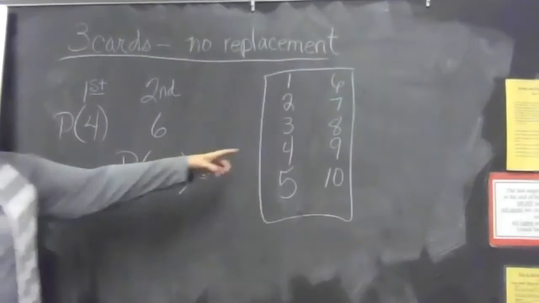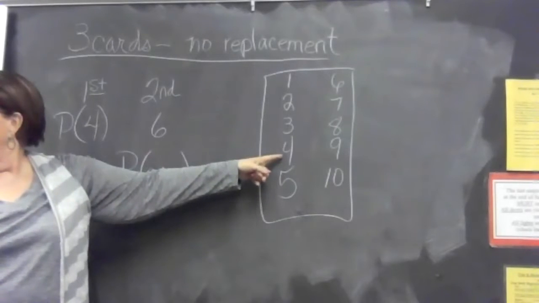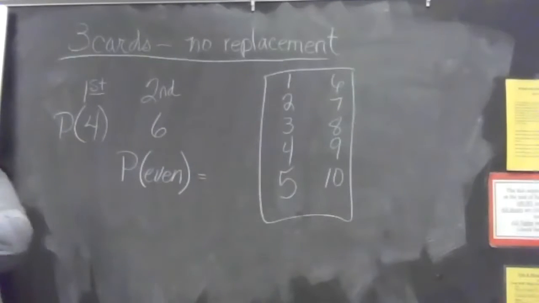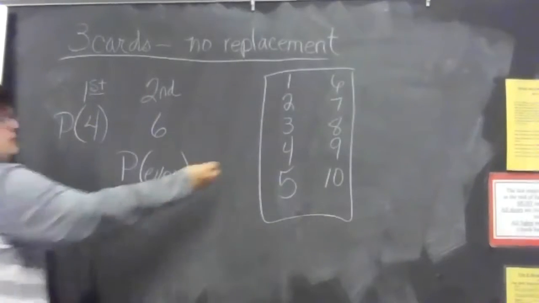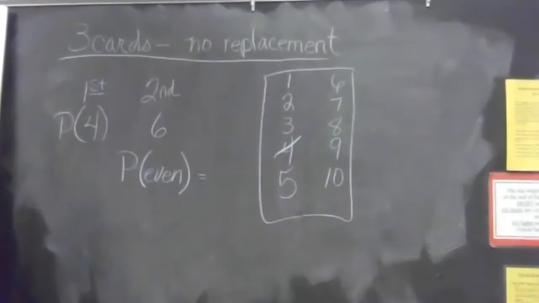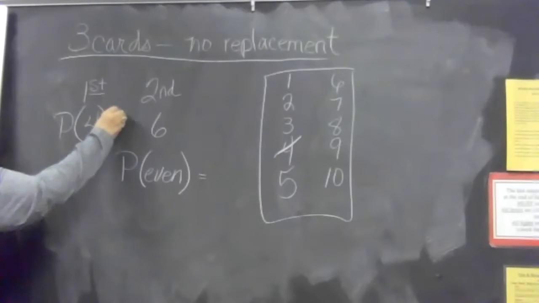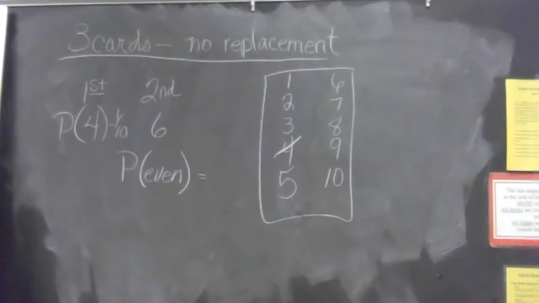I'm just doing the first draw. There's only one 4, so the probability is 1 chance out of 10. So the probability here was 1/10, and I got that, they're saying, and I did not put it back in the box. This is no replacement. So the 4 is gone.